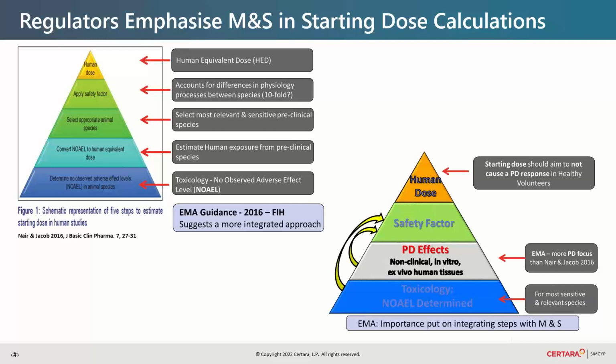Within the EMA guidance, there's a bit more of an emphasis on PD effects. So really thinking about the pharmacodynamics preclinically and then what you expect in the clinic, and using that to help decide the safety factors you need and the effective human dose.